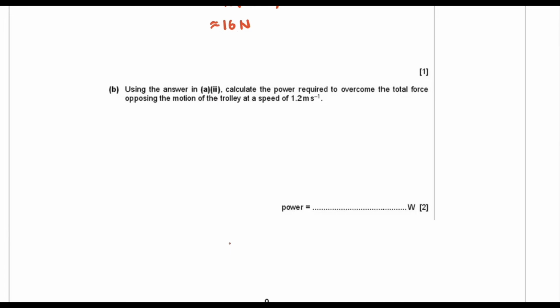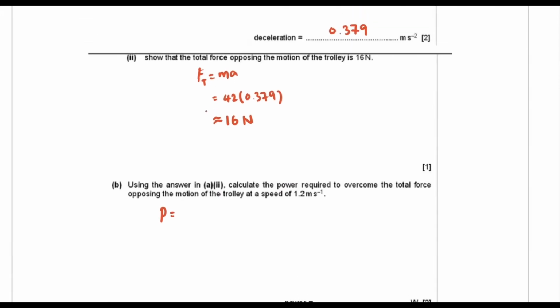So for this one, in order to find the power, in A part 2 we have force. For the power formula, you may think of power equal to energy over time. This is one of the formulas.